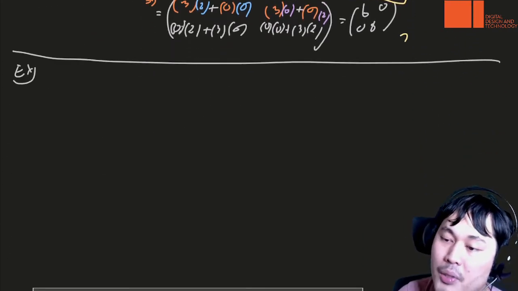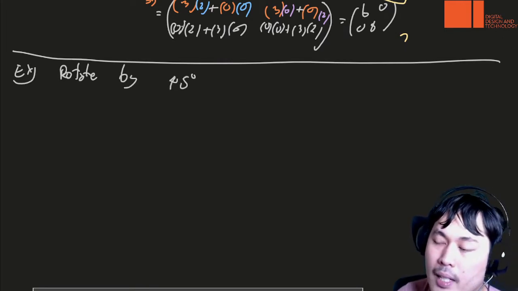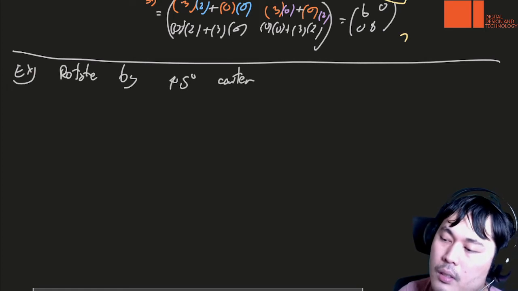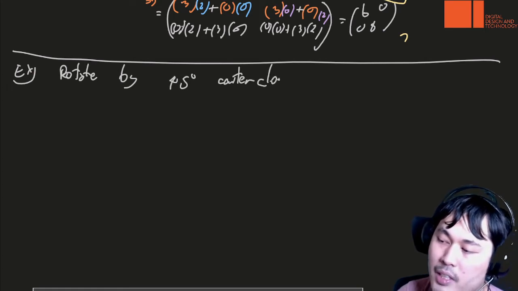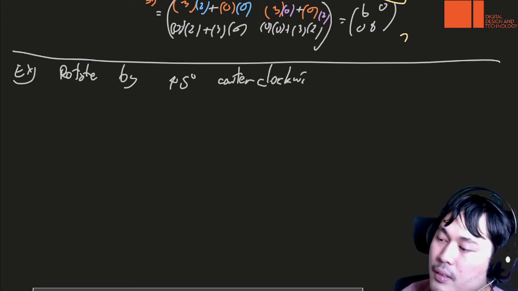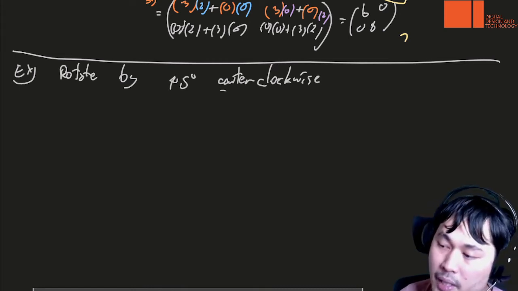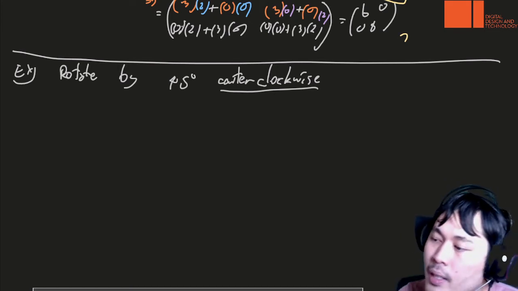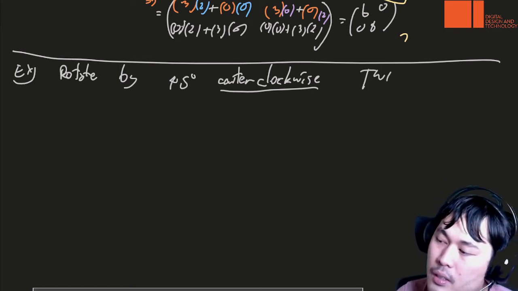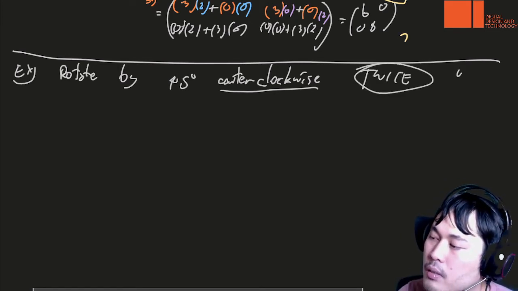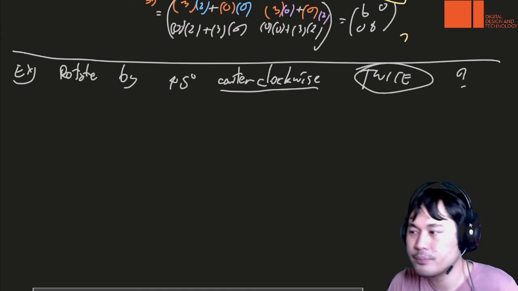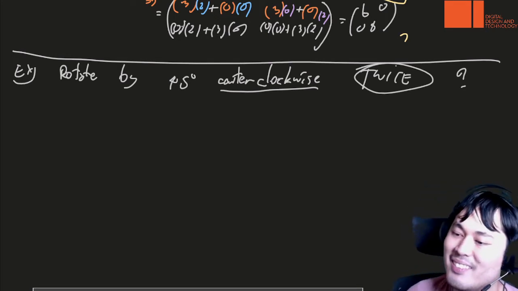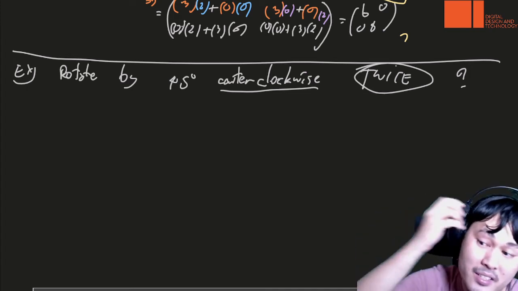Suppose we rotate by 45 degrees counterclockwise. And actually, from now on, if I'm not saying which direction, you should assume that the default is counterclockwise. If you rotate that twice, what would the result be? Maybe that's a short question, and then it needs some kind of explanation.